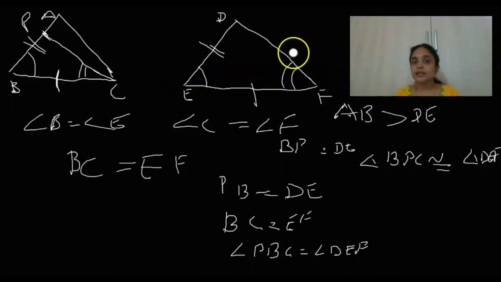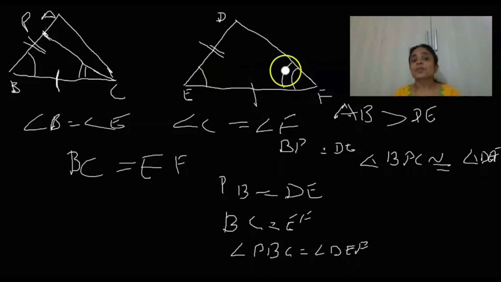Which means angle BCP is equal to angle EFD, right? Because corresponding angles of congruent triangles are equal. So if these two angles are equal, then this P should coincide with A, right?